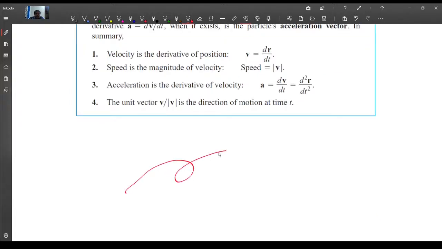So if you have a particle moving in space, suppose that this is the origin, and suppose that this is the position vector r of t at a time t, then the tangent at t will be this one. So this will be dr by dt, so that will be the velocity vector.